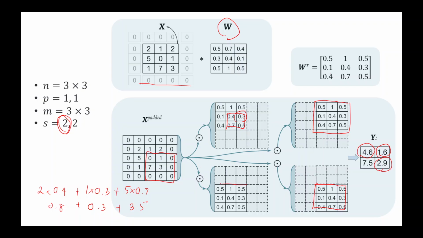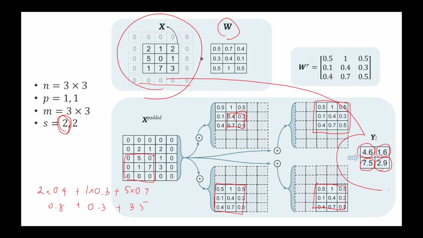So this kernel comes down here, which is going to get multiplied with the block here in my input image, and then it's going to get this value 7.5. Okay, so that's how the convolution works in order to go from this input image to the output image.